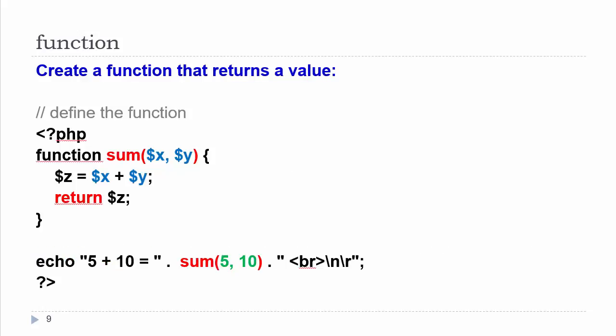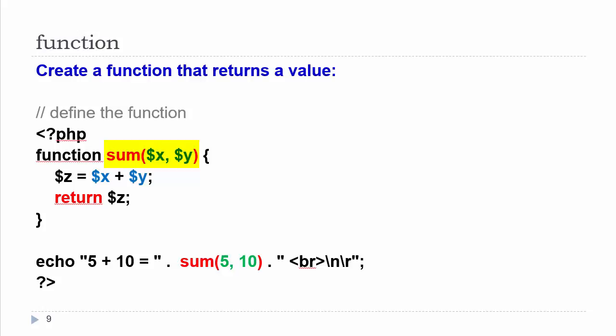A function can also return a value, and in order to do that, we need the return statement. In the code, the function is called, as always, with its name and if there are any parameters. Generally, when it returns a value, you are probably passing at least one argument to it.